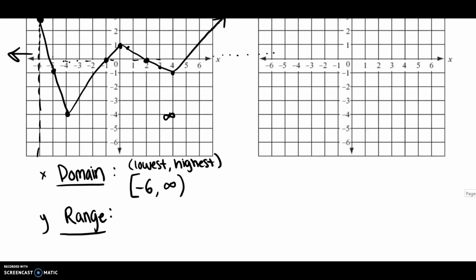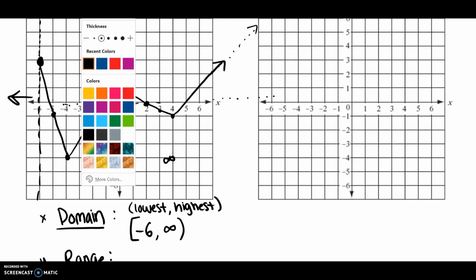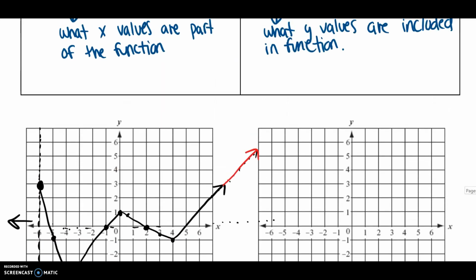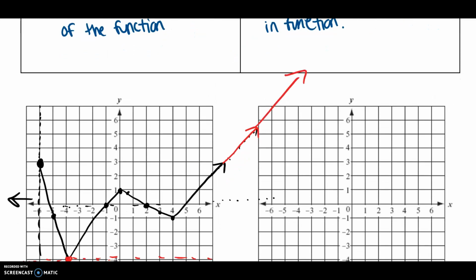Now the range, we're going to do the same thing, but instead of looking at the x values, we're looking at the y-axis. So y values are up and down. This is a y value, and it's the lowest one on this graph. So here's my boundary line. The highest y value, some of you might be looking at this point over here, but you can't forget that this arrow is going to go on forever and get increasingly taller to infinity.